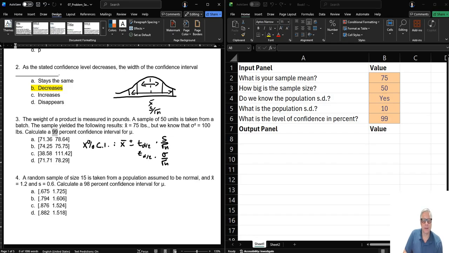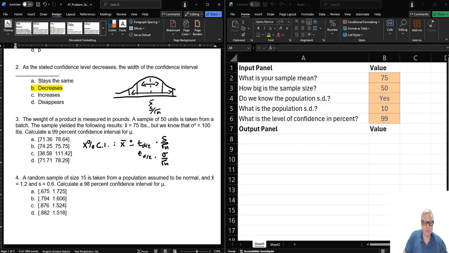So the width depends on whether we know the population standard deviation, yes or no. So what the user may want to know is what is actually the critical t or the critical z, which goes into the formula.